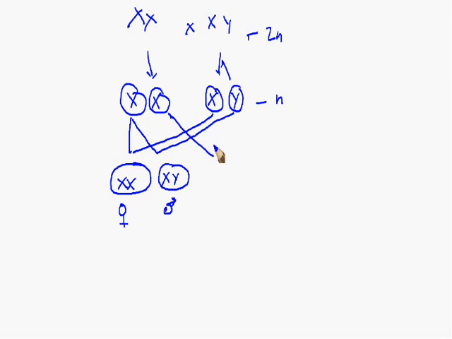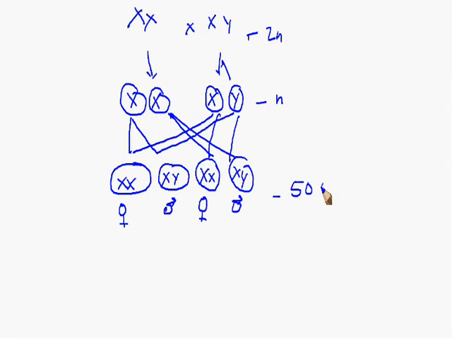The next probability may be again the fusion of X and X, a female child, and another same combination, XY, that is male. So we can conclude that 50% of the progeny will be male and the remaining 50% will be female. This is the most common type of sex determination which is present in human beings.